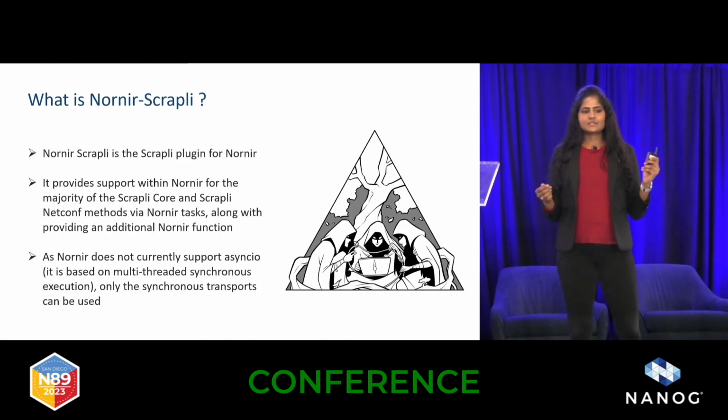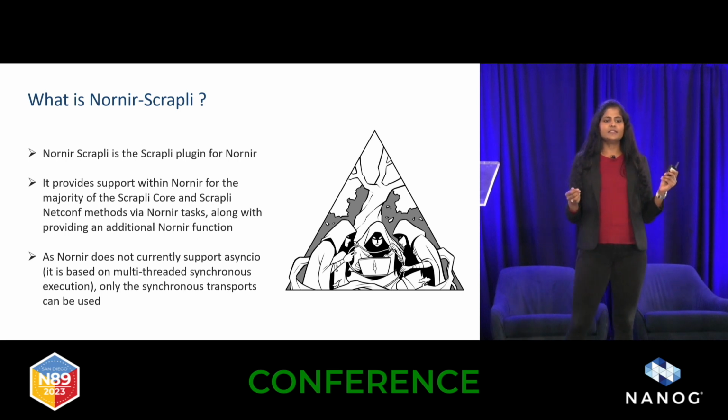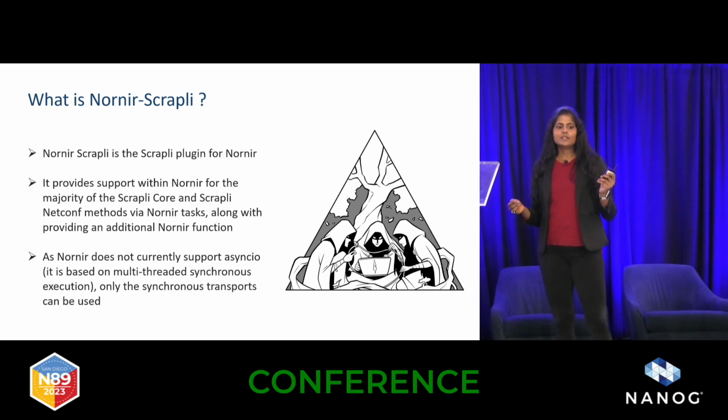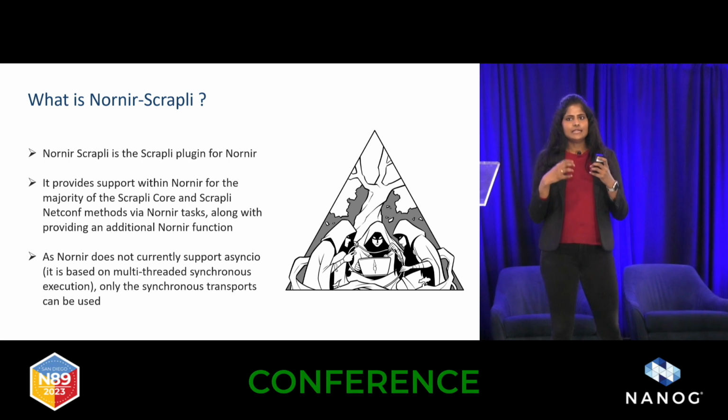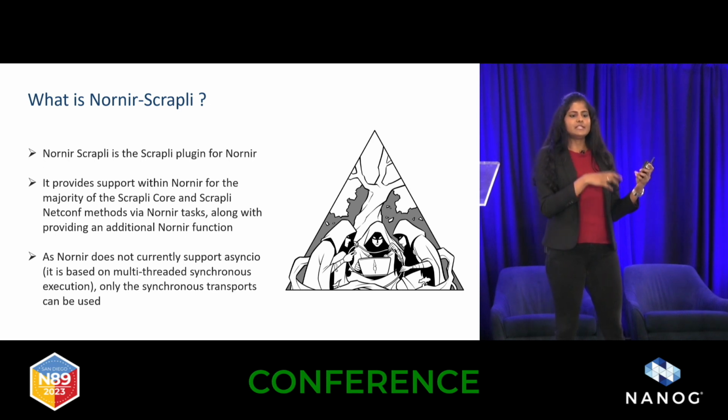And the next one is Nornir-Scrapli. Nornir-Scrapli is an extension of Scrapli. As I said, it utilizes the features of Nornir in order to manage the inventory of the network devices to which Scrapli is connecting.